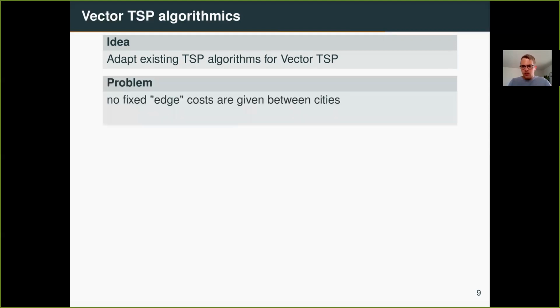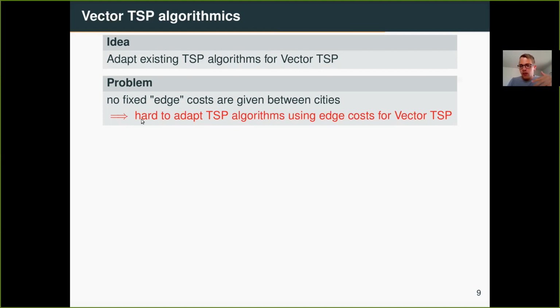But we had a problem with this because we don't have any fixed edge costs between cities, such as any other TSP has as an input. And we can't really compute them as well because it's not really clear if you should compute them from 0 speed to 0 speed, or should you assume that they come in at this angle or this angle with this speed or this speed. It's really not that clear.